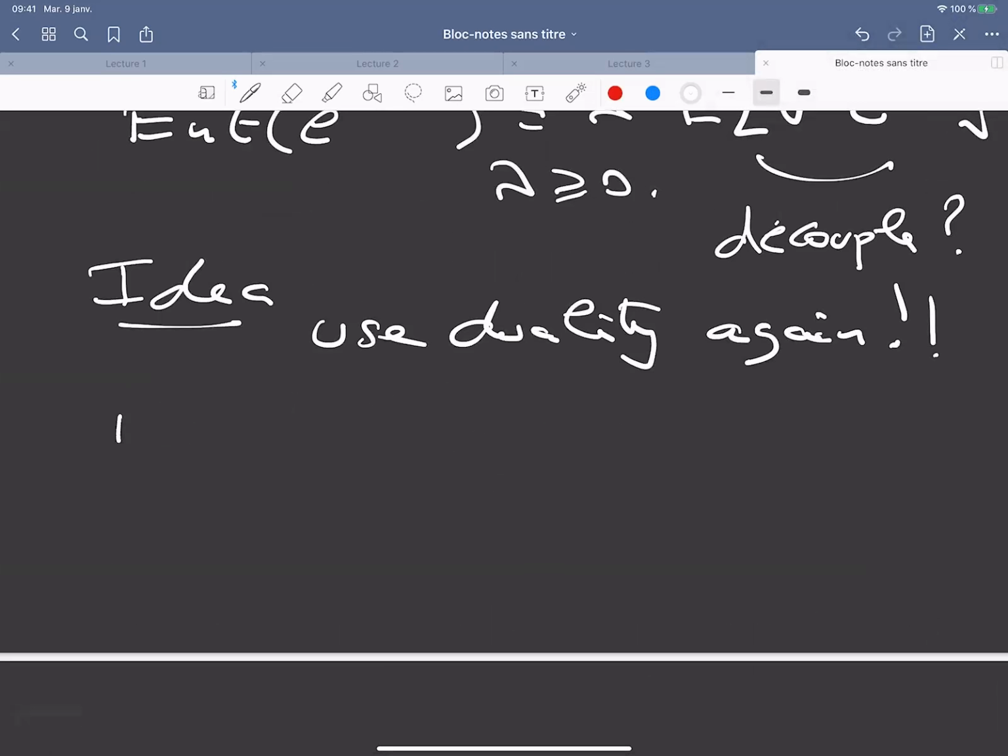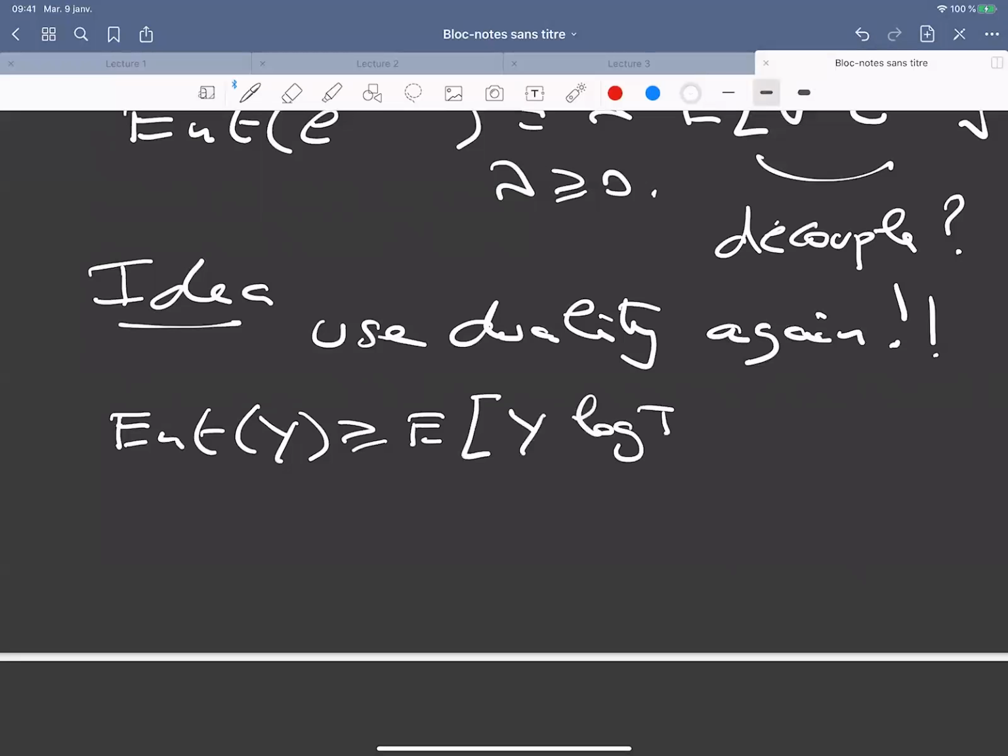So we use the fact that the entropy of y is larger than the expectation of y times (log y minus log t) minus log of expectation of t.